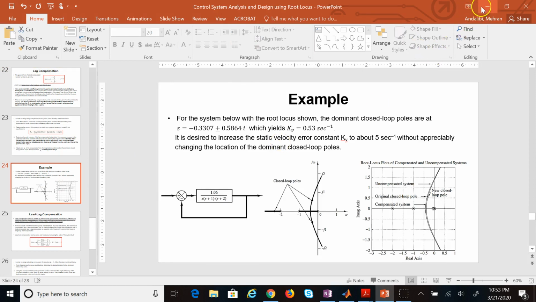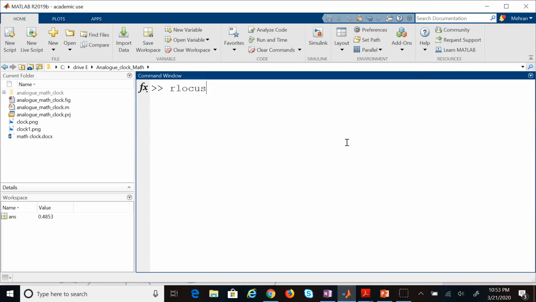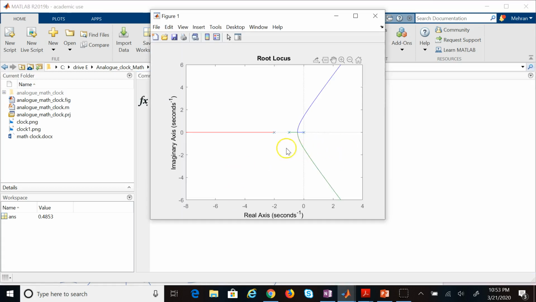No. Okay, so the root locus of 1.06 over S times S plus 1 times S plus 2, which is this guy. So this is the original system, which you can see in the PowerPoint.